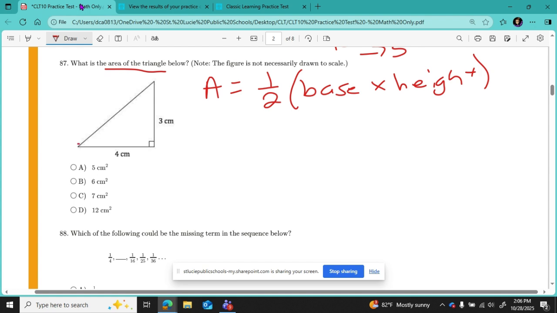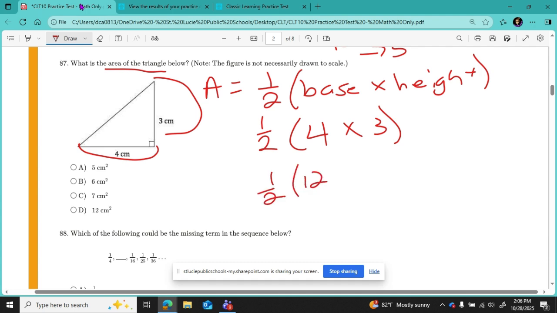And base, we can see right here, the bottom. Height, we can see right here, how tall. And so order of operations, you just go ahead and start with your parentheses. 4 times 3 is 12. Half of 12 is 6 centimeters squared.